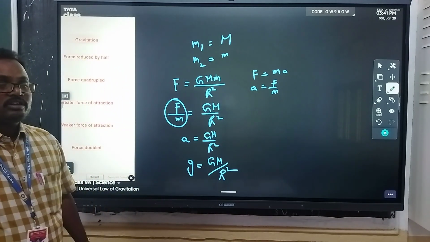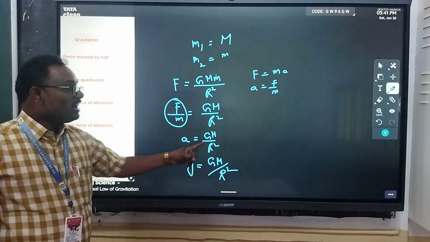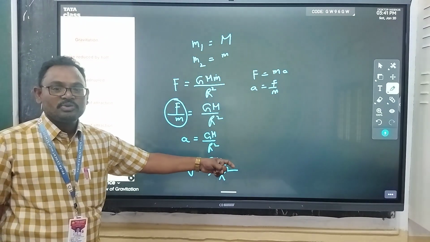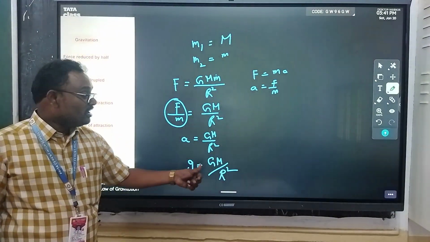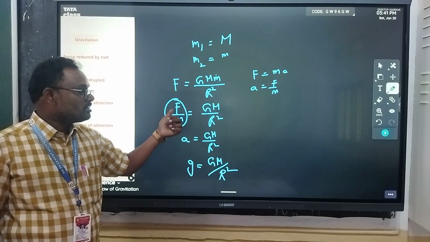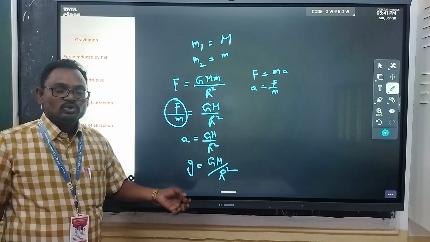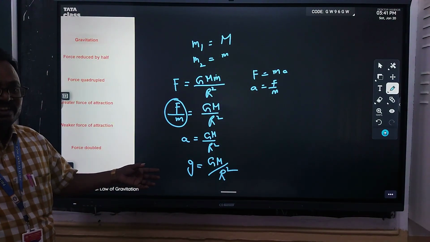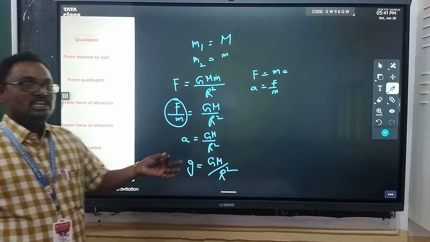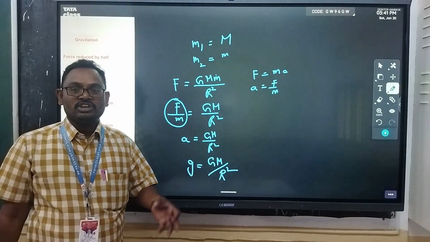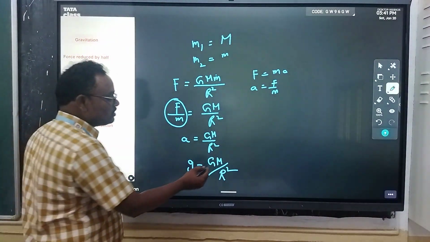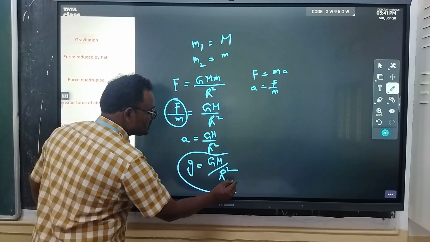From this what we can conclude, the mass of the object is not a factor here, because force by mass is taken as g. So, irrespective of the mass of the object, the gravitational acceleration on the earth is the same. Means even if it is a lightweight object or a heavyweight object, gravitational acceleration is the same. g is equal to G M by R square.